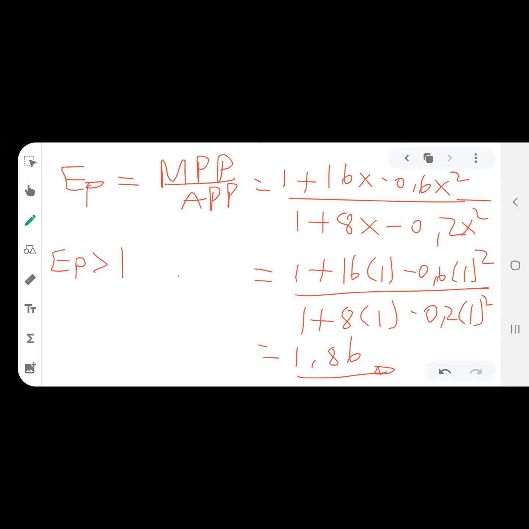The farmer is operating in stage 1 of neoclassical production function because the EP that we got of 1.86 is greater than 1, which means that the MPP is greater than the APP.